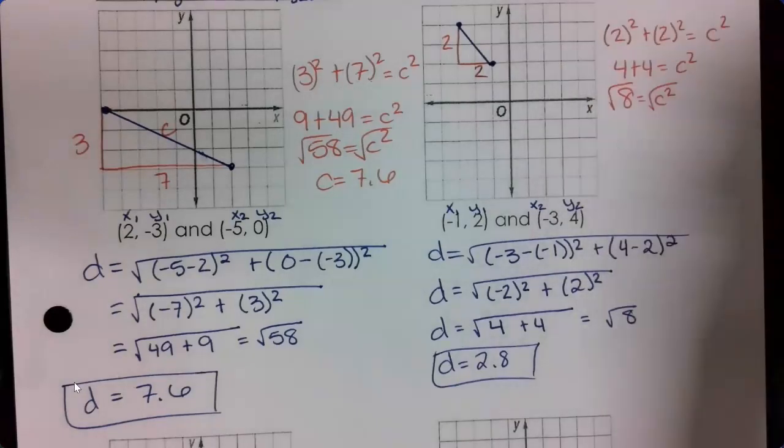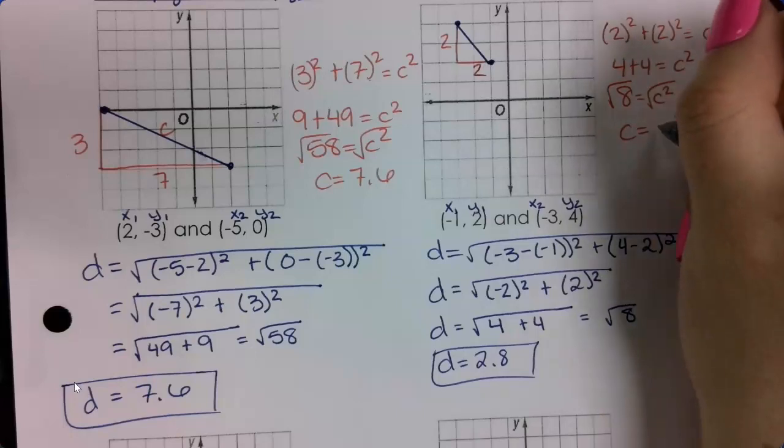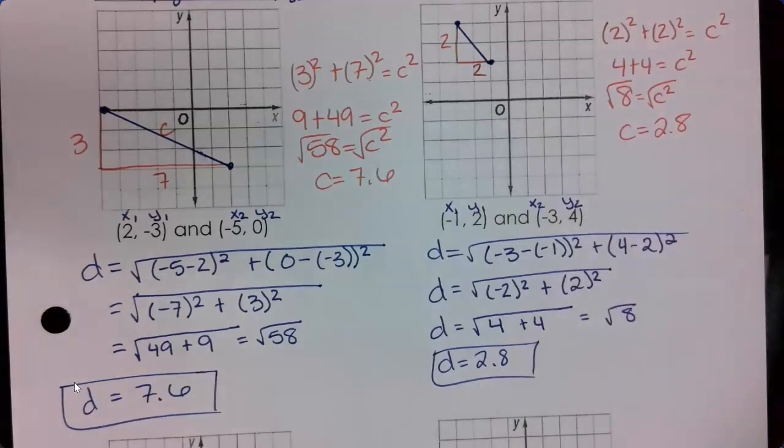Square root. C is... So, if I'm not getting the same answers when I do this both ways, that means I'm doing something wrong.